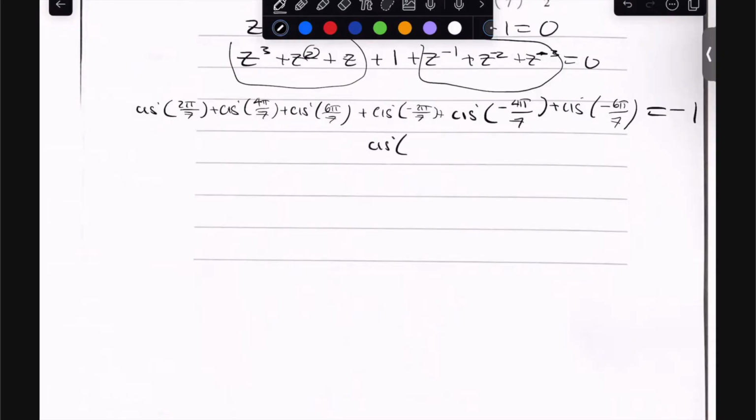If you add 2 pi you add 14, so that's 12 pi on 7 plus cis 14 pi on 7, 10 pi, sorry, 10 pi on 7 plus cis 8 pi on 7.